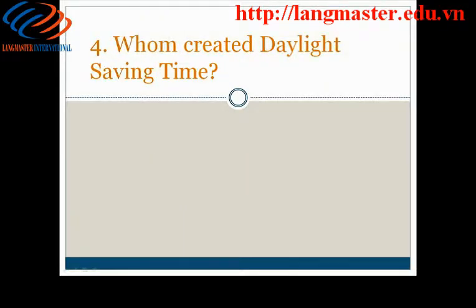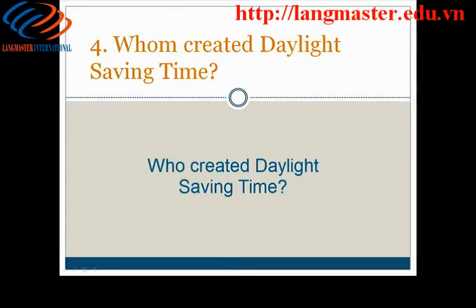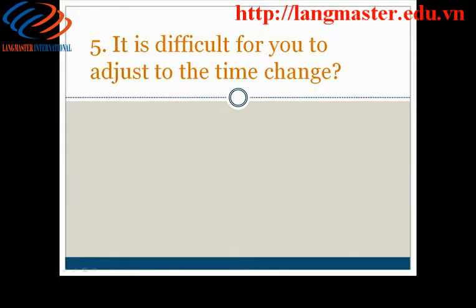4. Correct the mistake. The mistake is with the question word. Our question word is the subject of this question, but whom can only be an object. The correct question is, who created daylight saving time? 5.